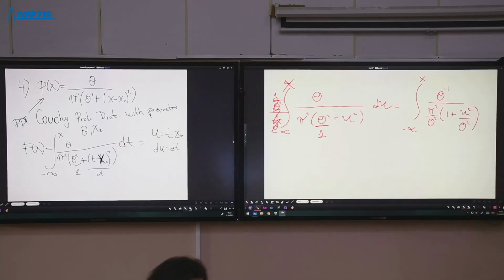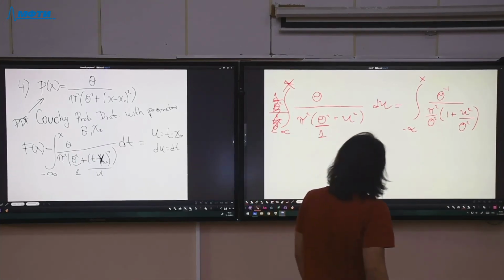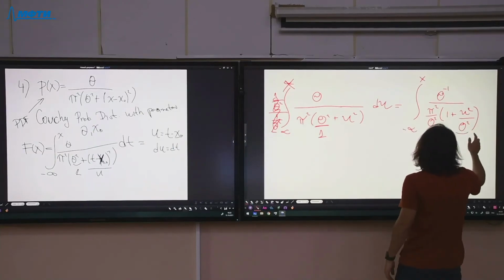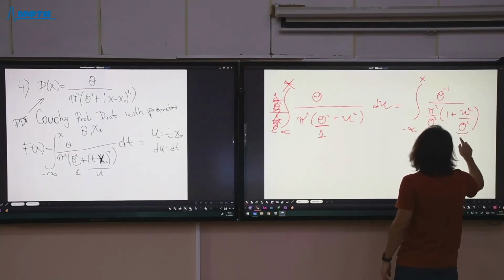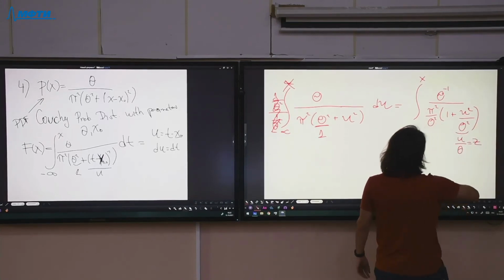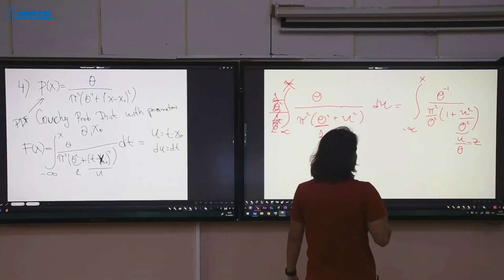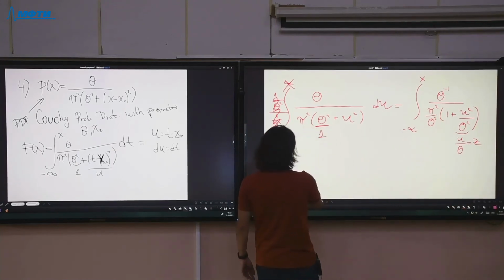Okay, good, great. And what do we do now? We can again just change. We need this to be some x. So let's say that u over theta is equal to z, right? Then this will be what?